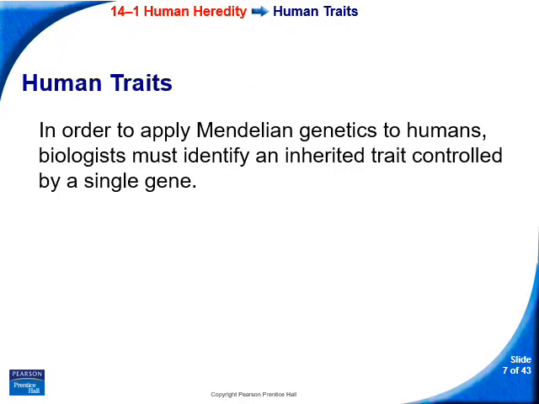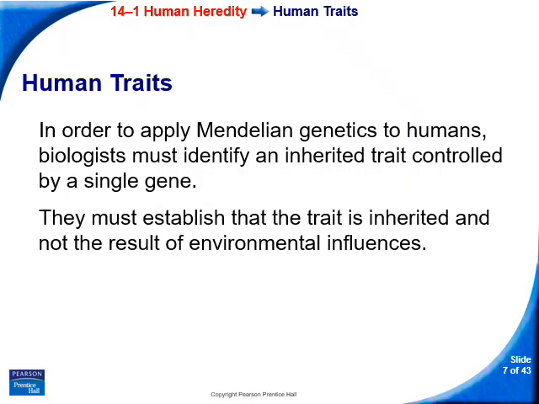So human traits pretty much would also apply the Mendelian genetics. Biologists must identify the inherited traits that are controlled by a single gene, because Mendelian genetics pretty much explains only the principle of dominance, the principle of segregation, and independent assortment.